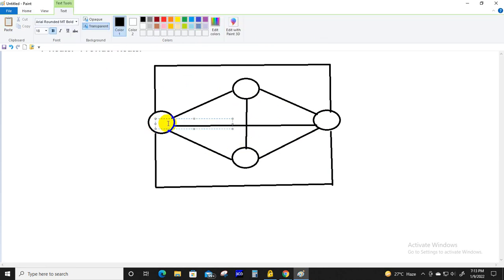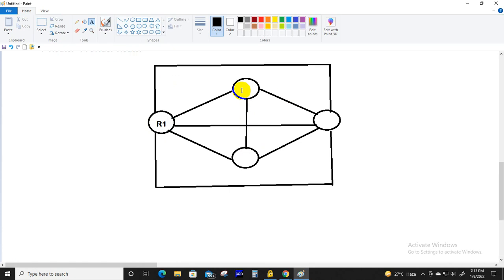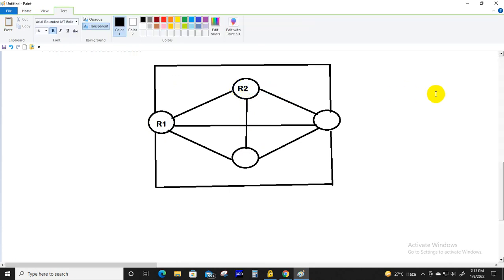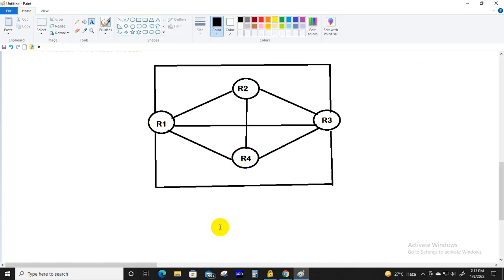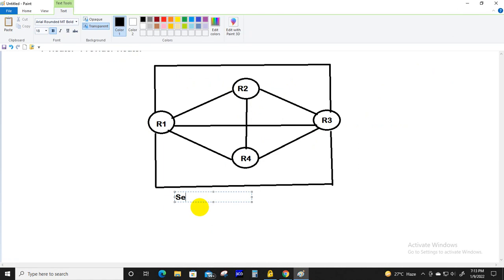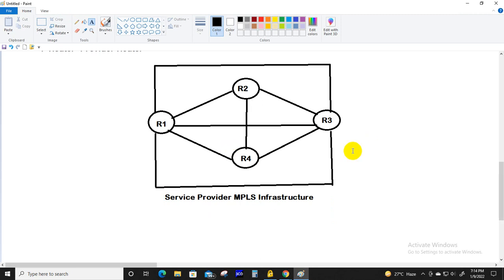Suppose it is R1, it is R2, it is R3, this is R4. Basically, this is the service provider MPLS infrastructure.